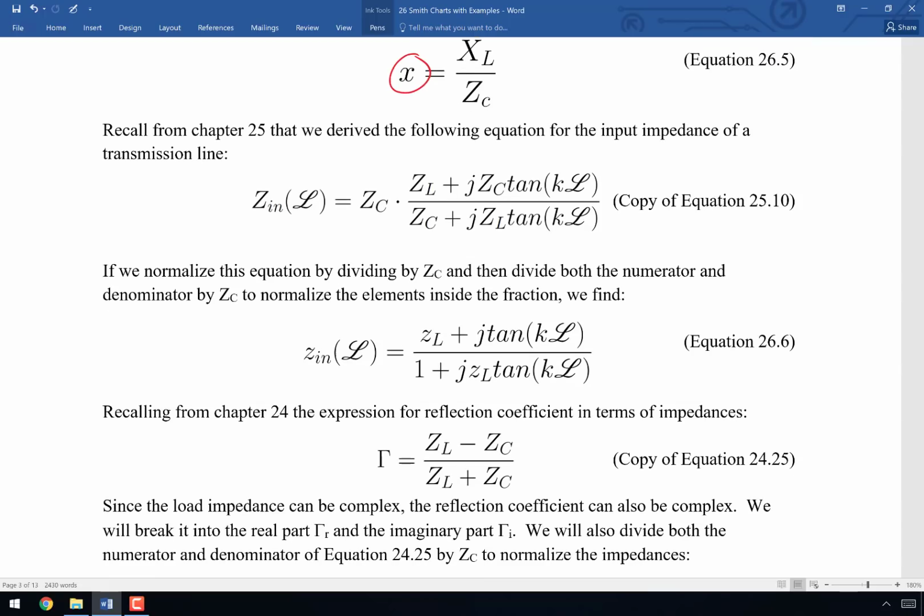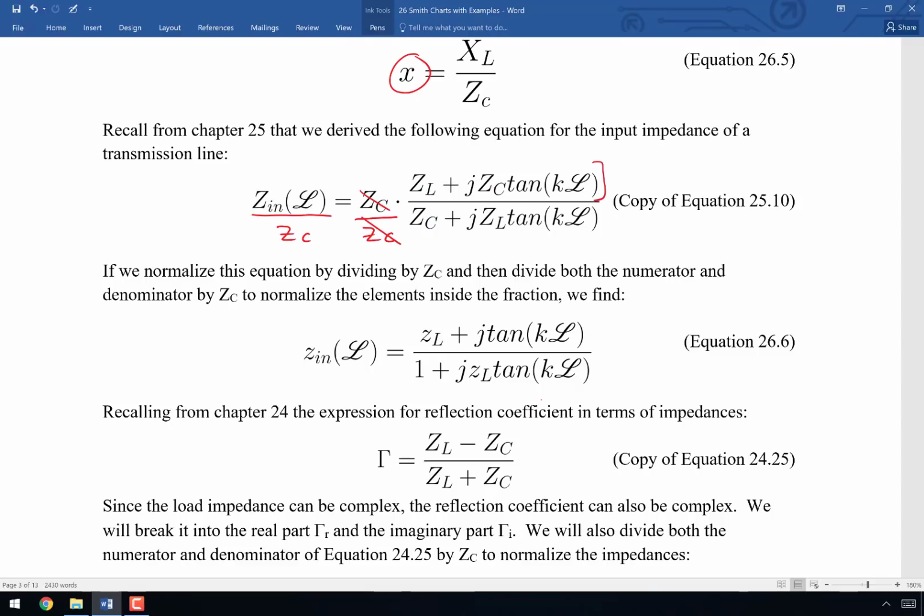If we divide both sides of this equation by z sub c, then of course the z sub c's here are going to cancel. The left hand side becomes normalized, lowercase z sub n, and then furthermore I'm going to divide both the numerator and denominator of that fraction by z sub c.